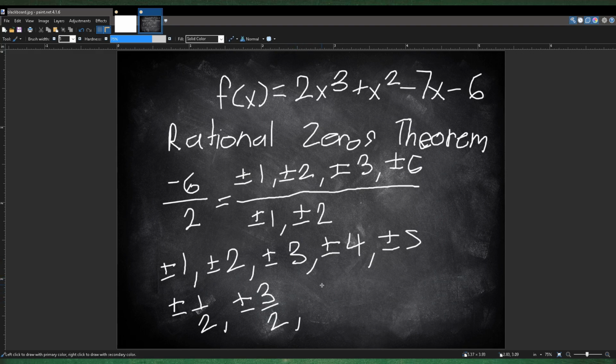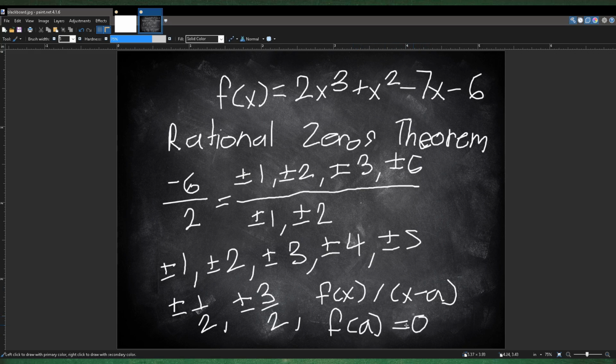Remember in the previous video where we talked about the remainder theorem? If you think about it logically, the remainder theorem tells us that if f of x is divided by x minus a, then f of a gives the remainder, right?